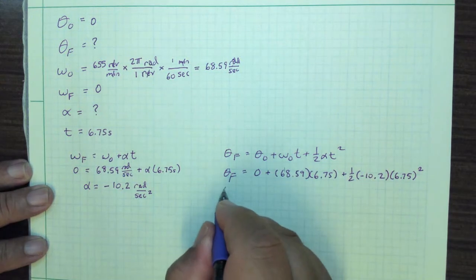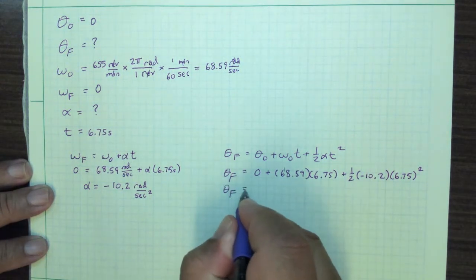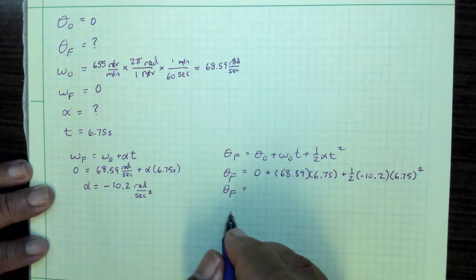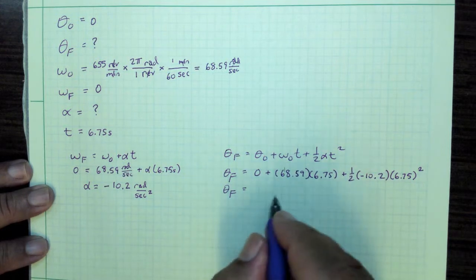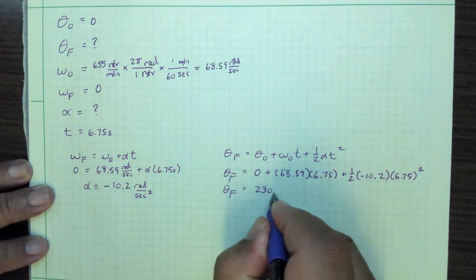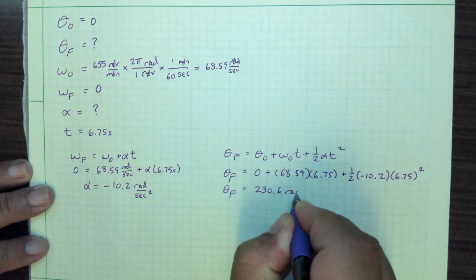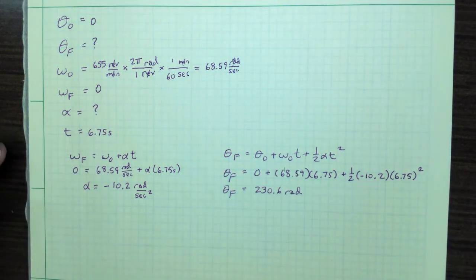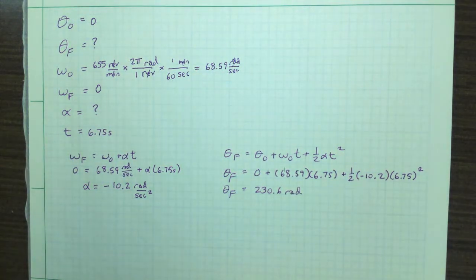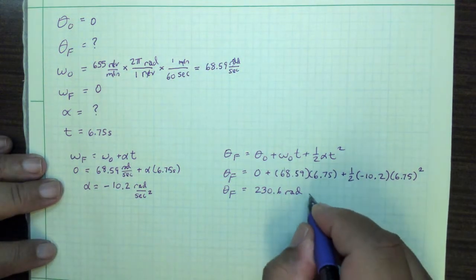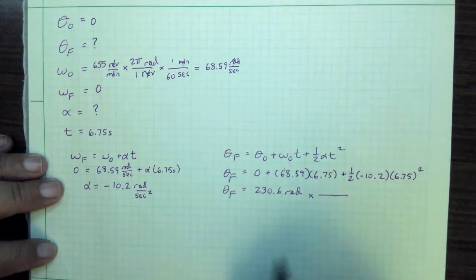Calculating this out, we get a final angle of 230.6 radians. That is the angle through which the fan blades spin as they come to a stop. Now, our task is not yet finished because we were not asked for the number of radians, we were asked for the number of revolutions. But finding that is a simple matter of unit conversion.